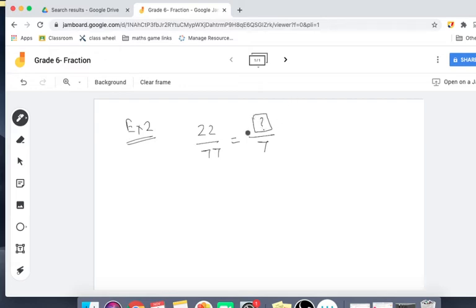I have given a very simple question. I don't think that you have to put a lot of pressure on your mind to calculate the number with the help of which we can divide 22 and 77 both. Tell me fast, what would be that number?